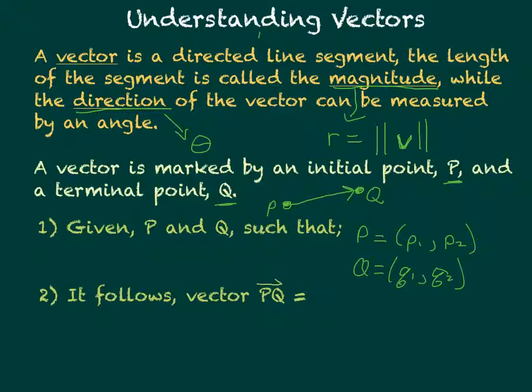Number 2 then states vector PQ is going to equal, we kind of do a pointy bracket or a triangle bracket, whatever you want to call it, then we take our first Q point and subtract our first P point, comma, our second Q point minus our second P point.